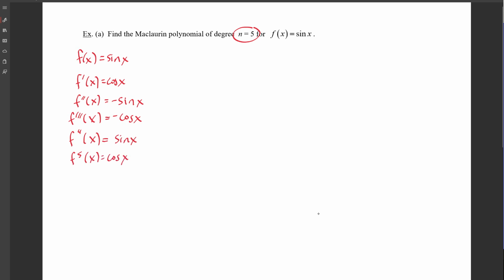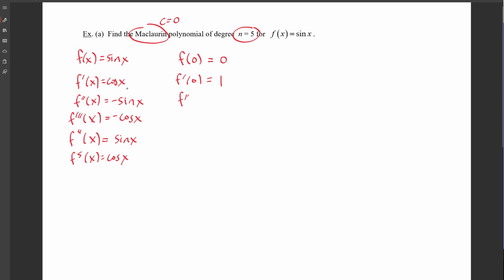Then right next to it, we plug in the center. Now, what is the center for this problem? It says a Maclaurin polynomial, so that means the center is equal to 0. So we'll plug in 0 here. And f at 0 would be sine of 0, which is 0. F prime of 0 would be cosine of 0, which will be 1.